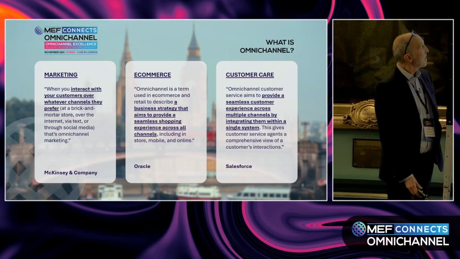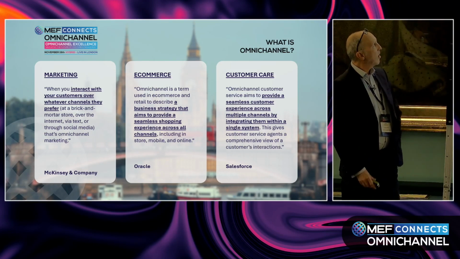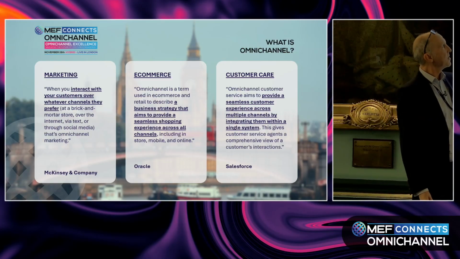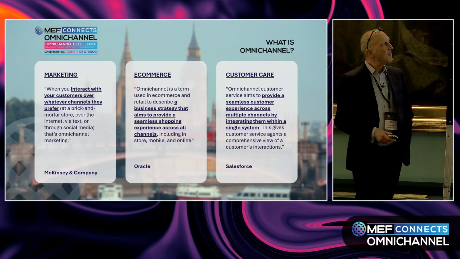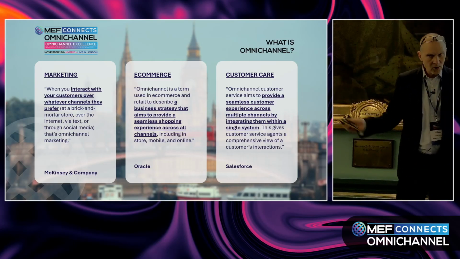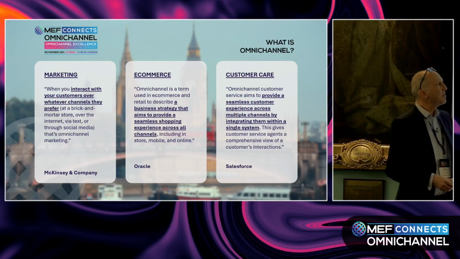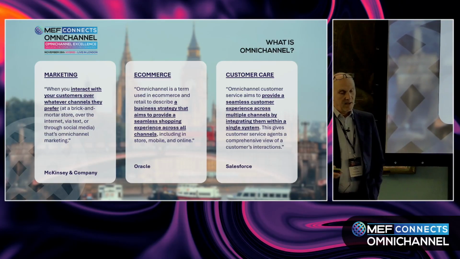So marketing, omnichannel is apparently when you interact with your customers over whatever channels they prefer. E-commerce, omnichannel is describing a business strategy that aims to provide a seamless shopping experience across all channels. Customer care, providing a seamless customer experience across multiple channels by integrating them within a seamless system.